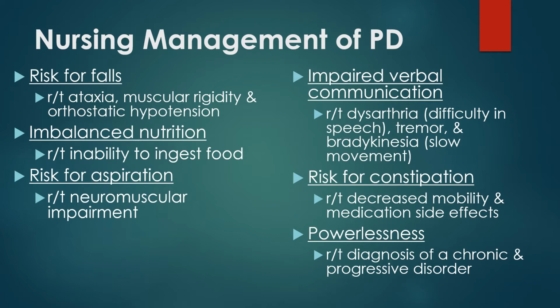Collaboration with other team members, such as physical therapy, occupational therapy, and speech therapy, is very important. We want to collaborate with those team members to maintain joint flexibility, especially in patients with degeneration of the dopamine-producing neurons.